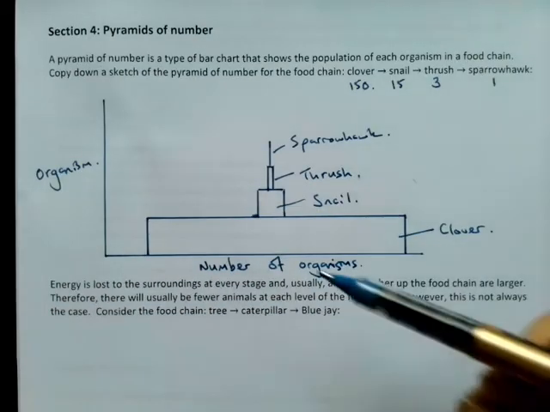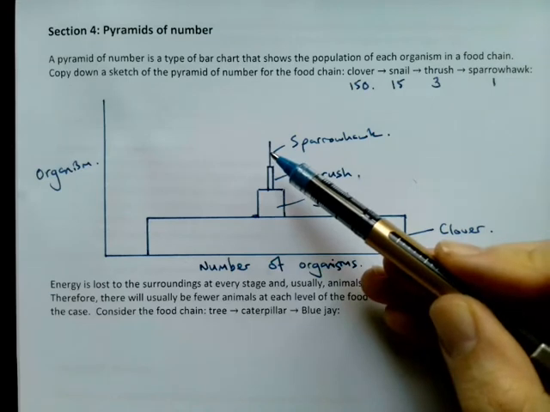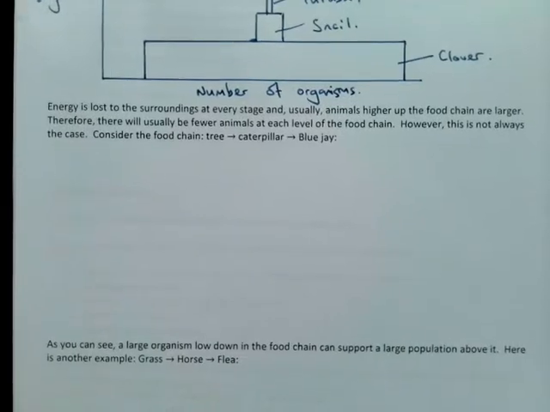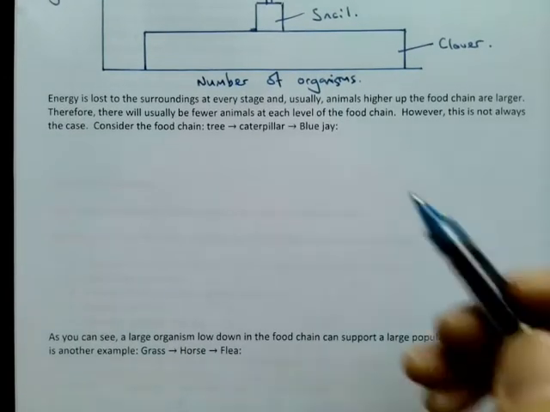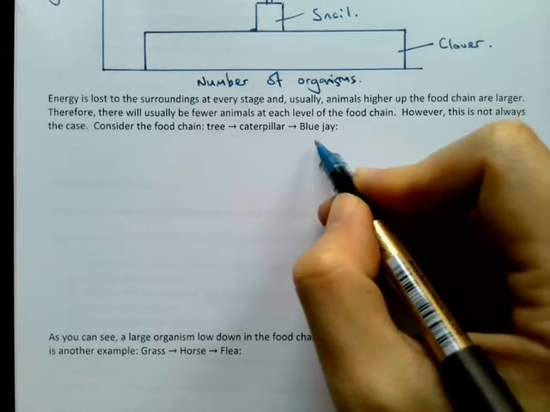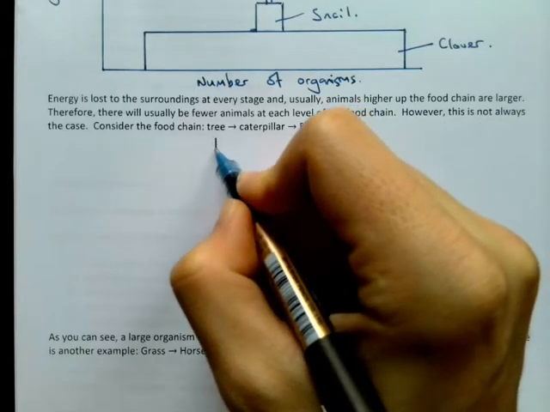All right, lots of organisms at the bottom, only one organism at the top. Right. However, it's not always the case. All right? And we can see that in this example. All right? So you can imagine that we might have one tree.